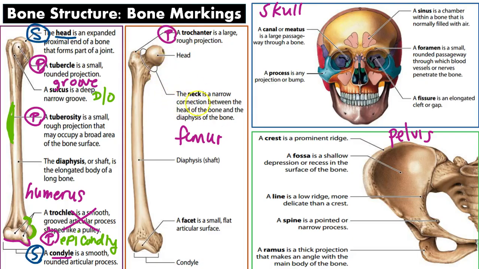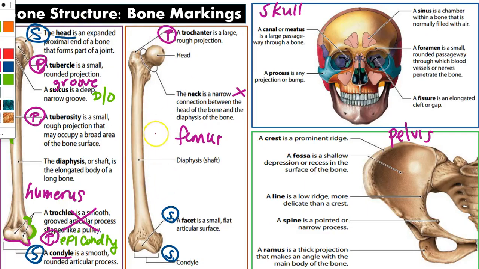The neck is, again, extra information we don't have to really focus on, but it can help you see things. That's going to be the connection between the head of the bone and the diaphysis, for example. The diaphysis is just labeling as well. Then we have a facet, which is going to be a surface projection. We have another surface projection here. And of course, the condyle we see is another surface projection. So let's go ahead and talk about our, not a surface projection, I'm talking about a surface bone marking.